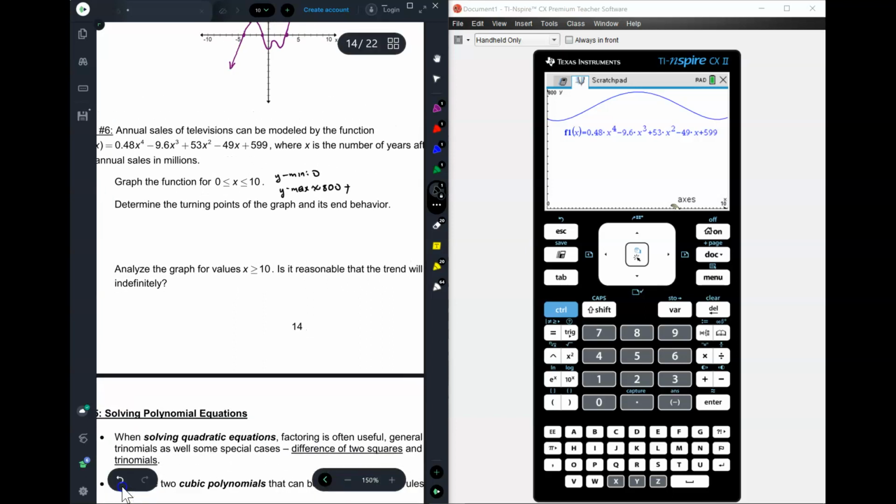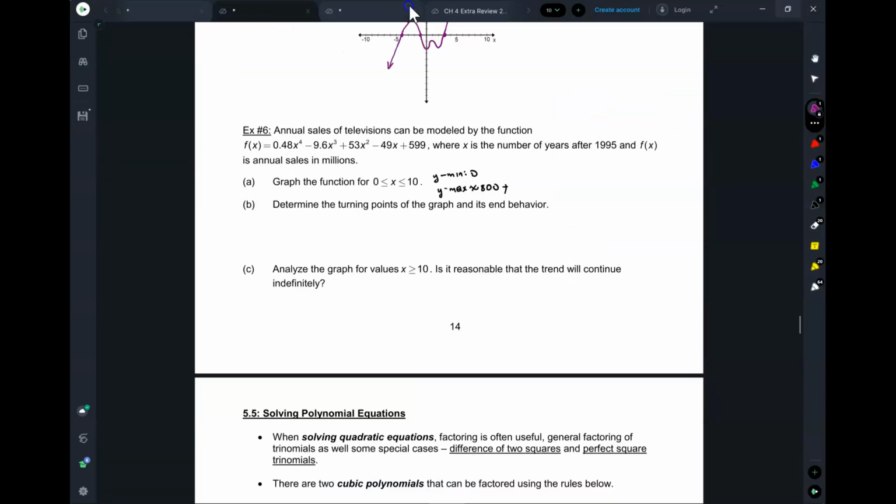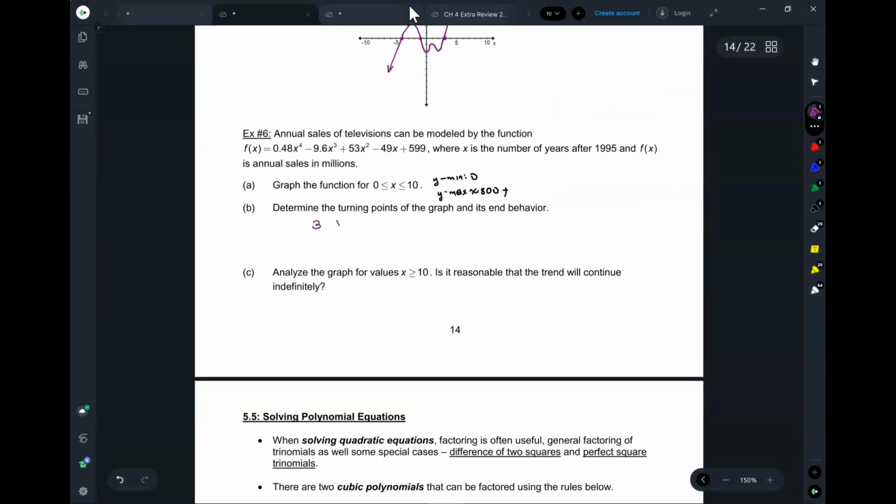Determine the turning points of the graph in this domain and its end behavior. So how many turning points here? 3, right? Since it's x to the 4, it's got to have 3 turning points. Now, end behavior is as x approaches negative infinity and as x approaches positive infinity.